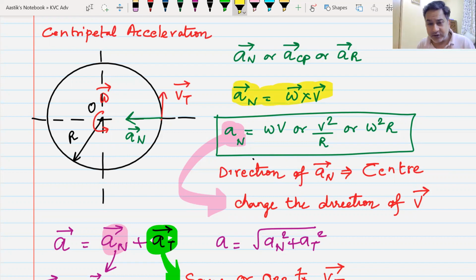You can write it magnitude wise as omega into v or v square by r, or omega square into r. It changes the direction of velocity. Tangential acceleration changes the magnitude of velocity. They both together become your net or total acceleration. Everyone understands this, yes? Yes, sir.